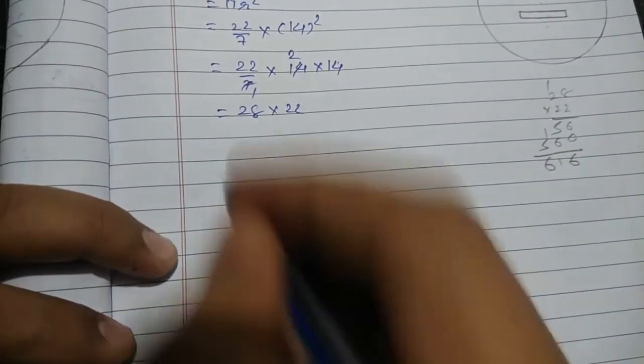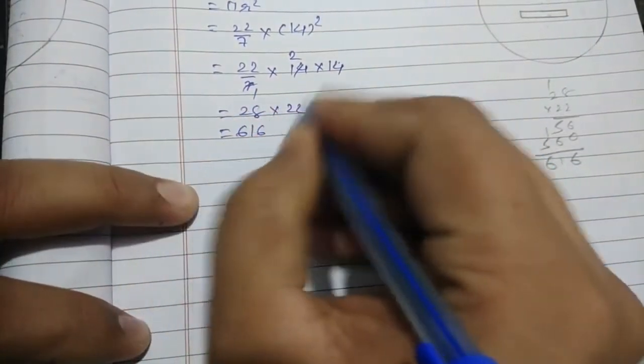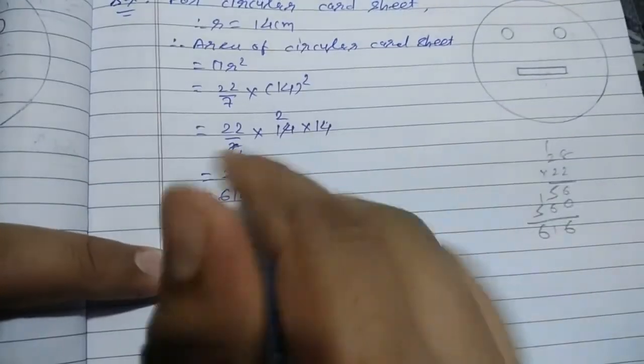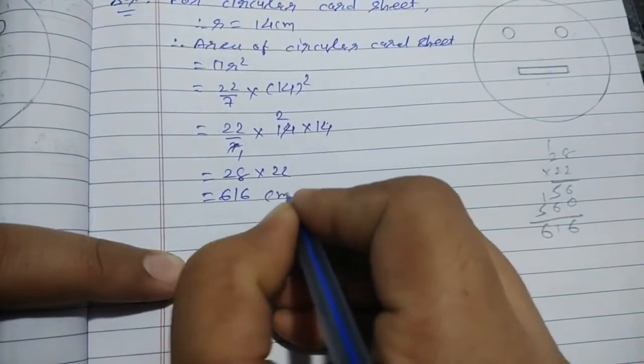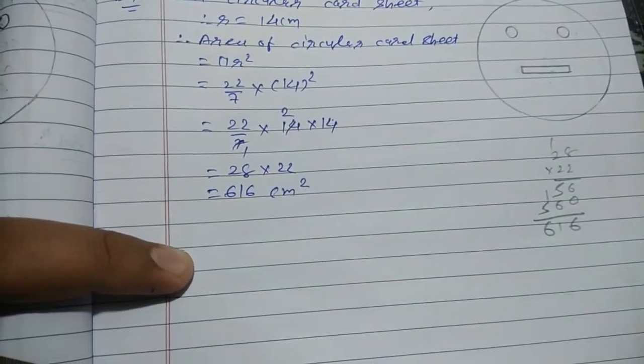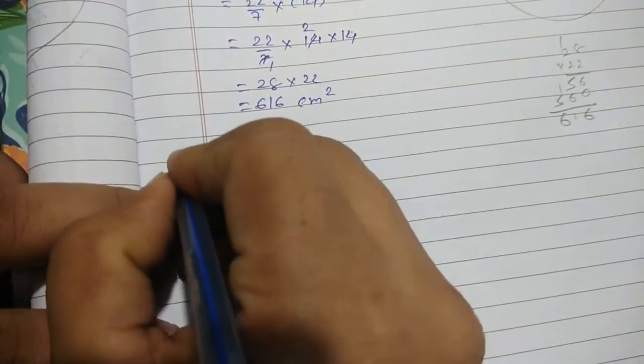So answer is 616. And area of circular card sheet is what? 616 centimeter square.